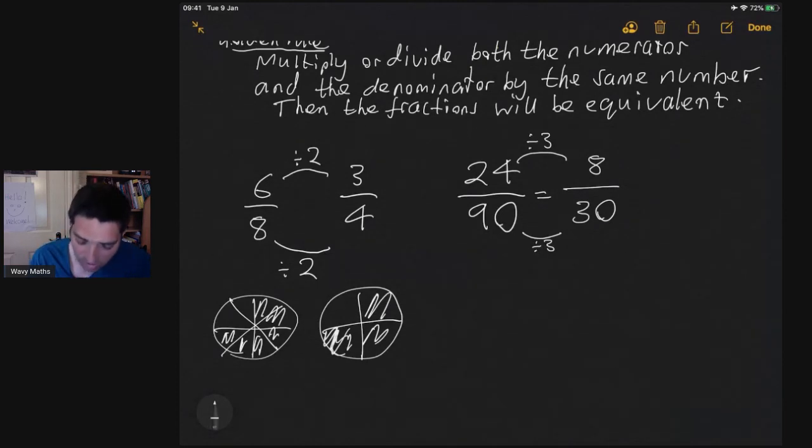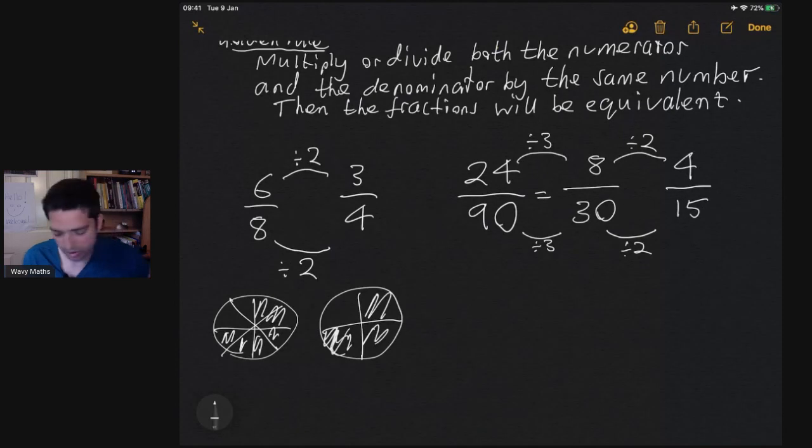And actually, you can divide 8 by 2, and you can divide 30 by 2. So that gets you 15 on the bottom and 4 on the top. So 4/15 is the simplest form because you can't divide 4 and 15 by any number. There's no common factor. So the simplest form of the fraction 24 over 90 is 4/15.